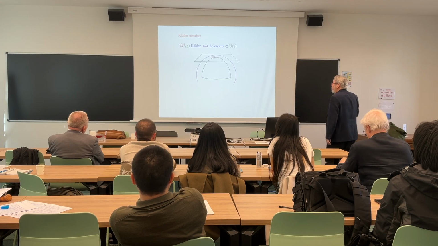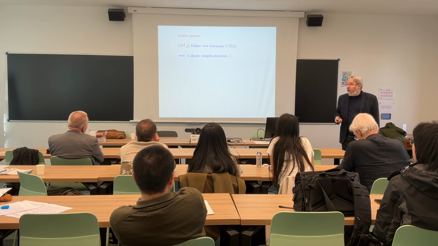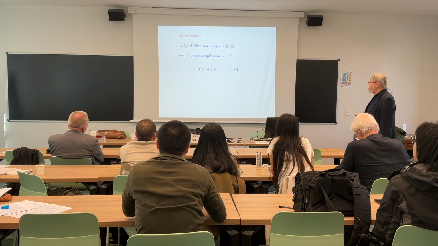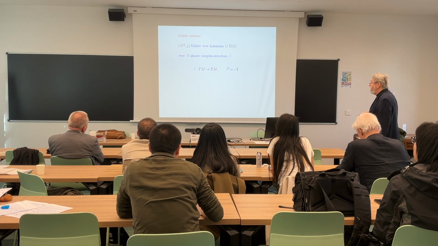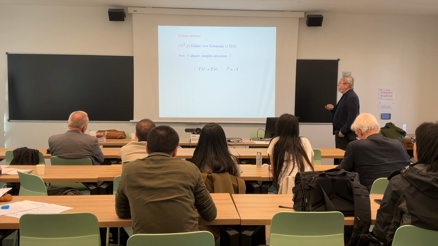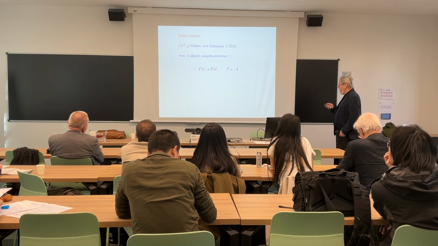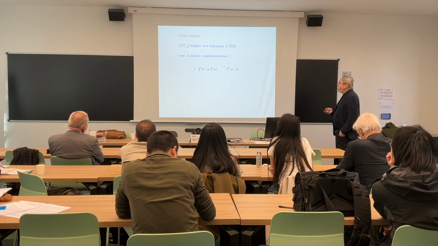So for a four-manifold, we'd be saying the holonomy is contained in U(2). That's the same as saying that there is an almost complex structure, J. So this is equivalent to several conditions. The first is that there is an almost complex structure, J. An almost complex structure is a tensor field which defines an endomorphism of the tangent bundle with square minus 1.